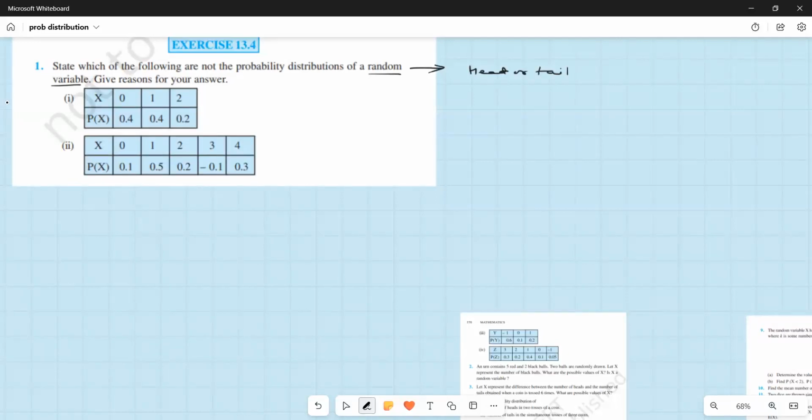So when you give those random values, suppose the number of heads in two throws, that will be either no head, or one head, or two heads. So that will be the random variable. X is a random variable whose values are 0, 1, 2 in two tosses of a coin.